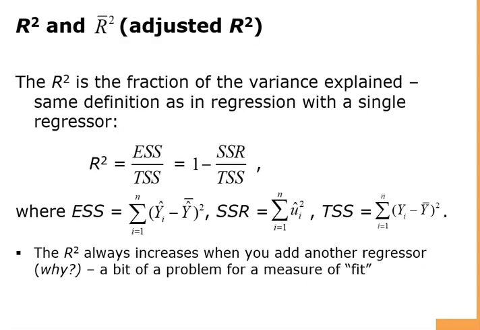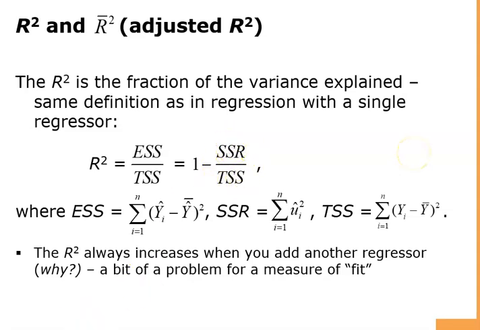So R square pretty much remains the same from the one regressor analysis, because it's still equal to ESS over TSS, or you can also calculate it by using 1 minus SSR over TSS. So explained sum of squares will be basically how much variation is explained by the regressor from the total variation, and in 1 minus SSR over TSS, SSR is the explanation because of the u, the residual.